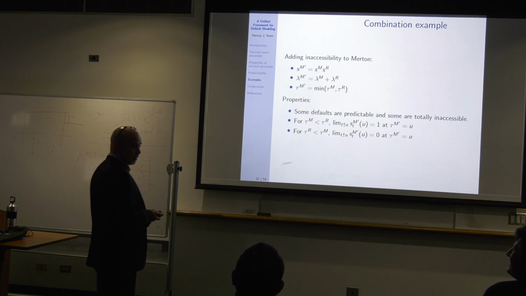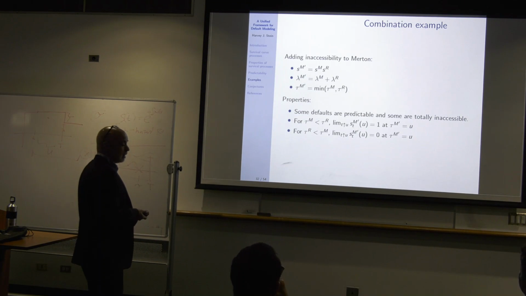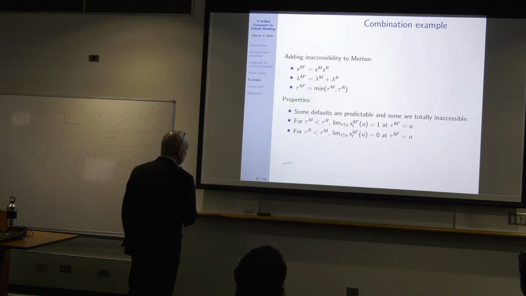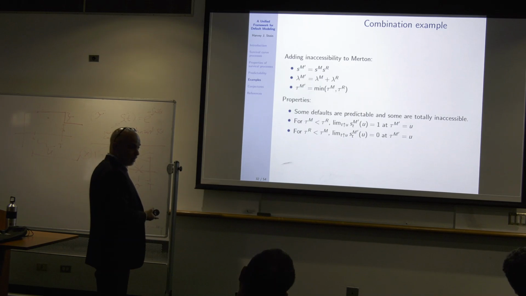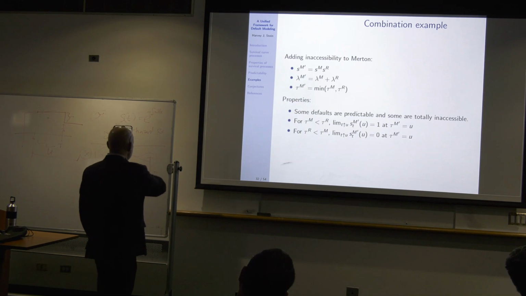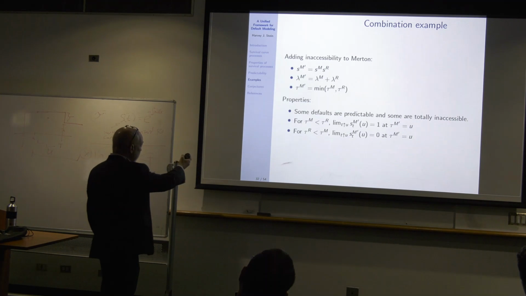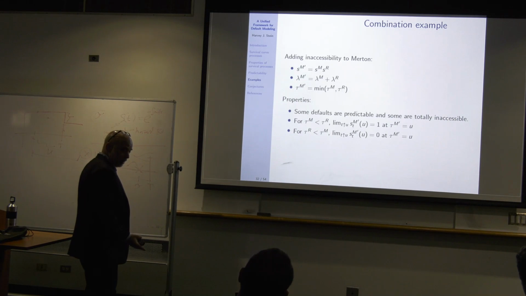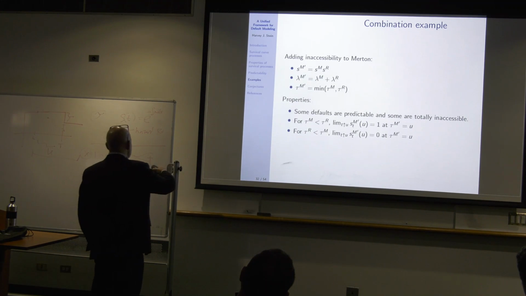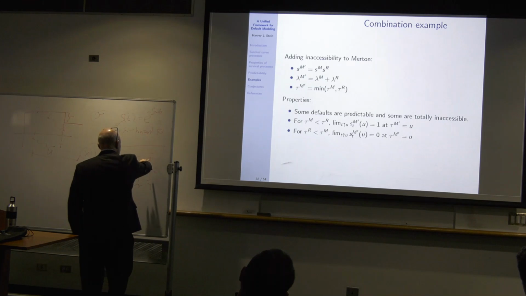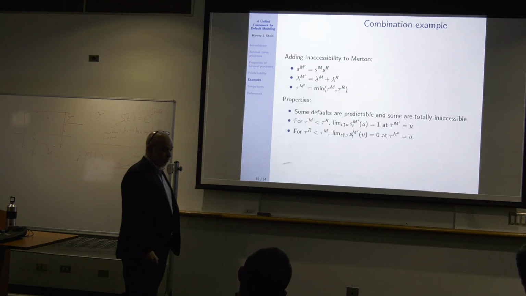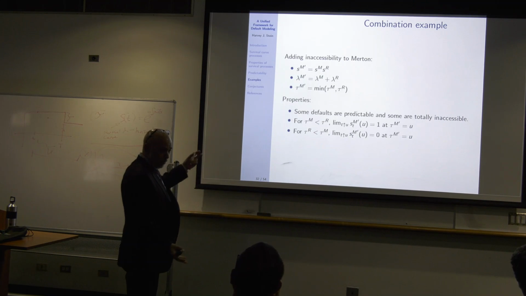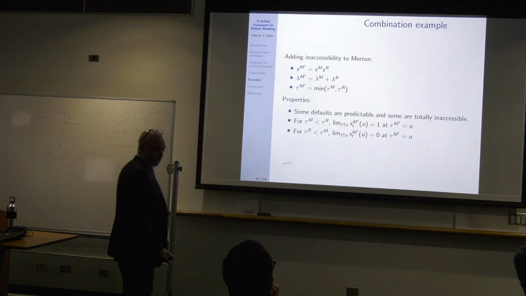It's essentially like a jump diffuser, effectively. Because you can think of the default as a jump to 0 or a jump to the barrier, and you can think of the reduced form model as a jump to 0 of the assets, and the Merton is whether or not you're below the barrier at time capital T. So you basically have this diffusion with a jump process. Like a jump diffusion.